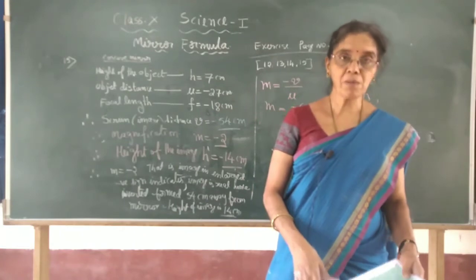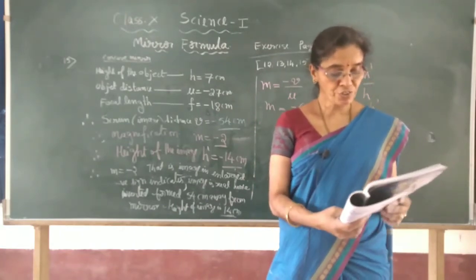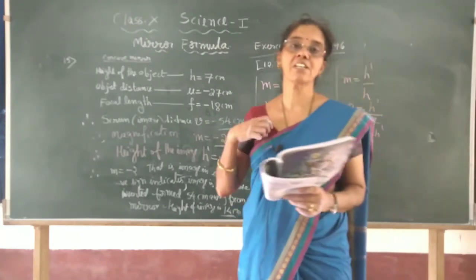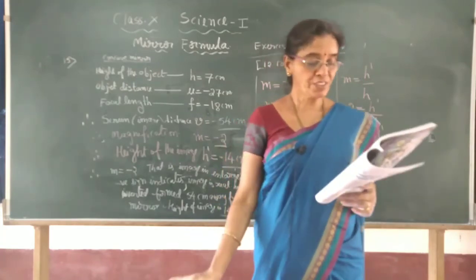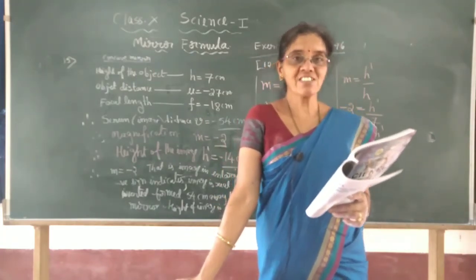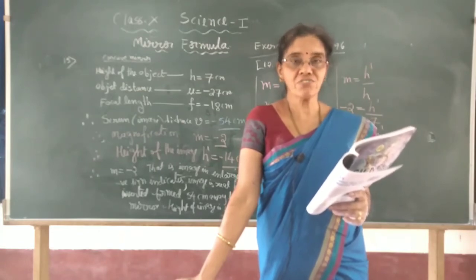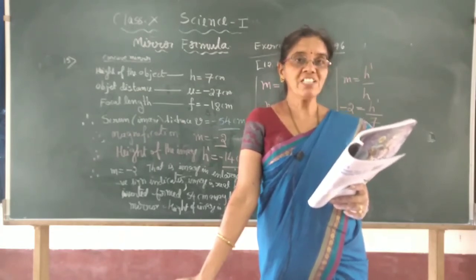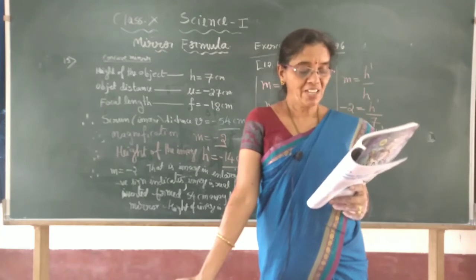So one problem is left out, that is the 14th problem. Will you try it, children, at home today? What is the 14th problem? I will read it out. An object of length 5 centimeter, so h is 5 centimeter.